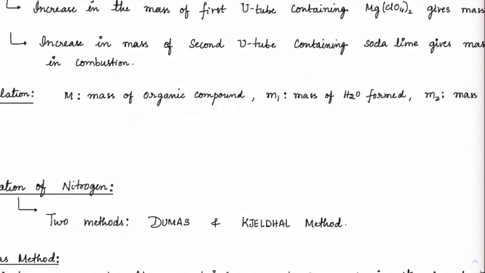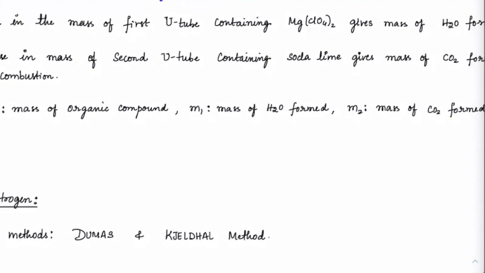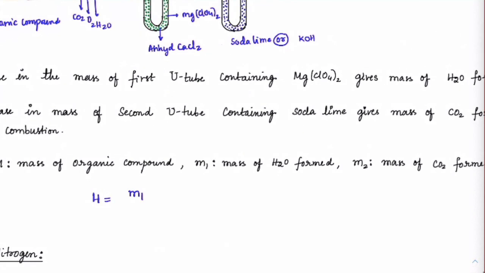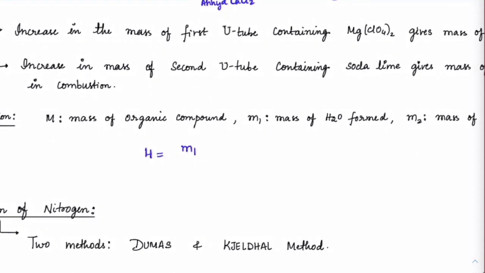Suppose m is the mass of the organic compound, m1 is the mass of water and m2 is the mass of carbon dioxide that got absorbed. Then to check the number of moles of hydrogen formed, the m1 mass, which is the mass of water, divided by 18 will give us the number of moles of water, and that multiplied by 2 will give us the amount of hydrogen, because every water has 2 hydrogen atoms.